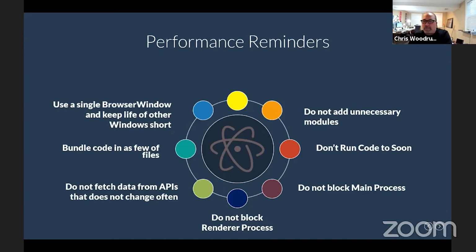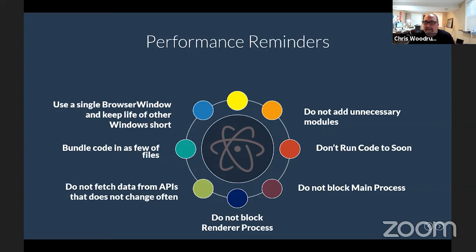Oh, and then the last one is don't fetch data from APIs. I mean, this just goes common sense for all applications. If you're calling data that doesn't change often, it's going to impact the performance of your application because of the latency of those API calls. So just remember not to fetch data that you don't need to.